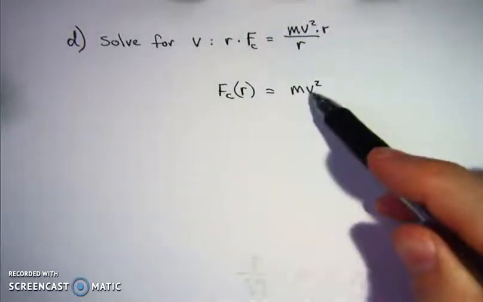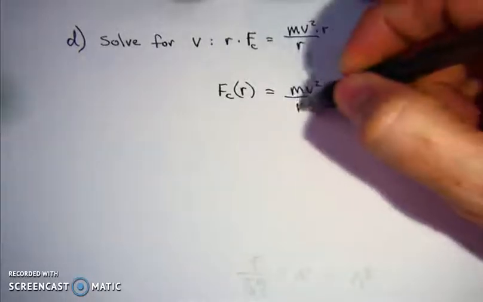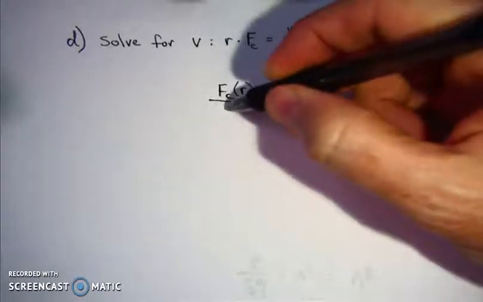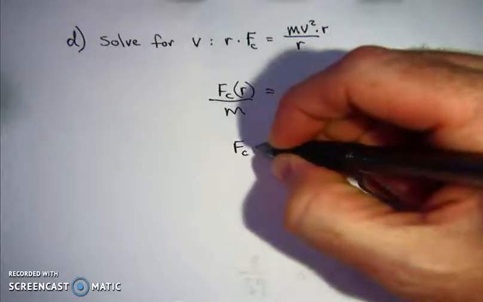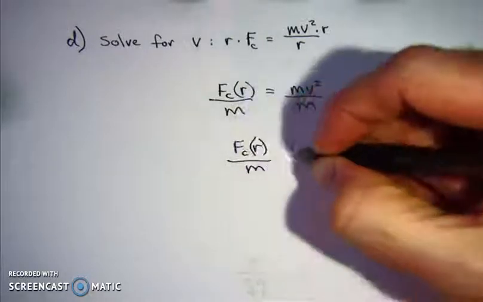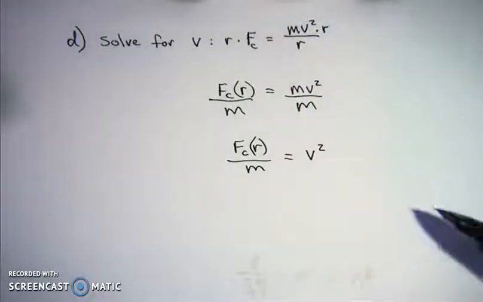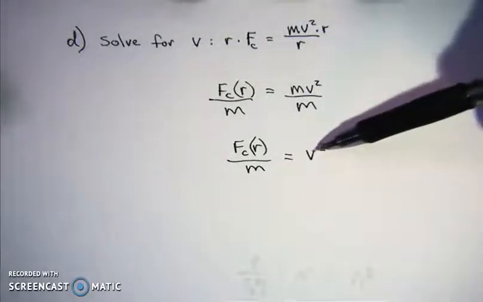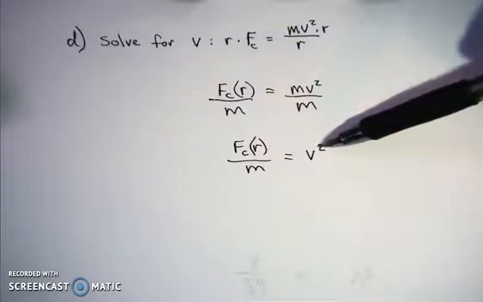Alright, now we need to still get rid of everything except v, so let's get rid of that m. We'll divide both sides by m to get rid of it. So we'll end up with FcR over m equals v squared. Now that's still not what we wanted, because this is v squared and it wants to solve for just v, not v times v.